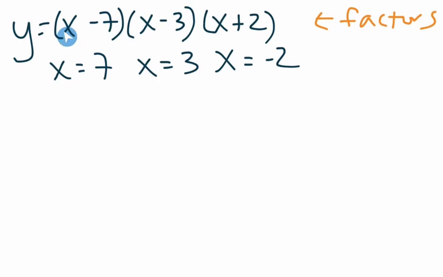So x minus 7 is a factor, x minus 3 is a factor, and x plus 2 is a factor. These are what are called the roots or the zeros or your x-intercepts. I want you to take a moment and stare at that and make sure you know the difference between what the factors look like and what the roots look like.